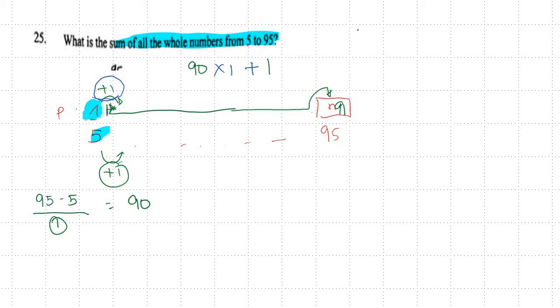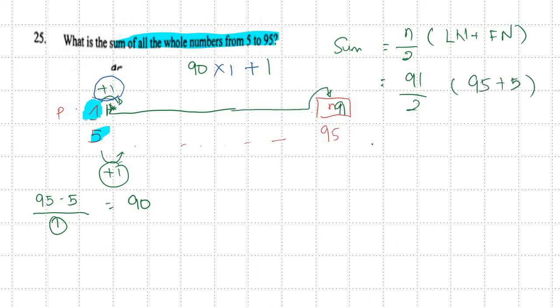Pattern 91. You notice that I told you the sum of everything here is n divided by 2, times last number add first number. So pattern 91 divided by 2, times 95 add 5, which is 100.